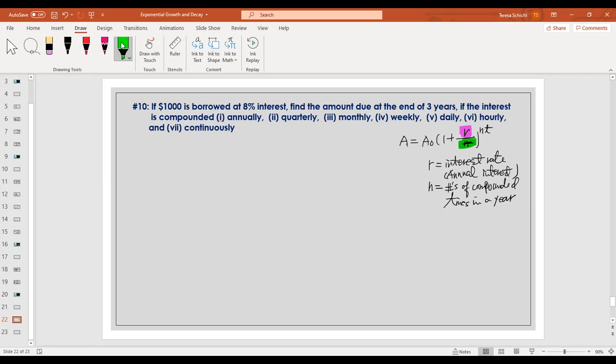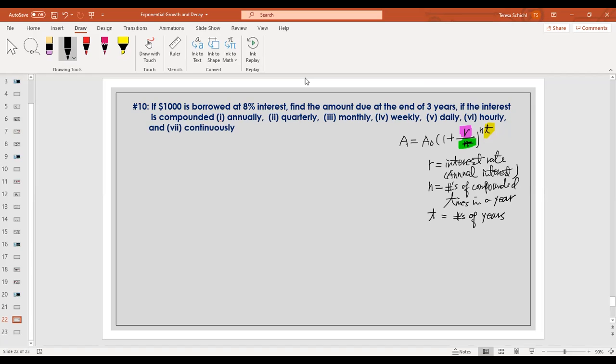The next number we need to know is this t. The t here is the number of years, how many years.